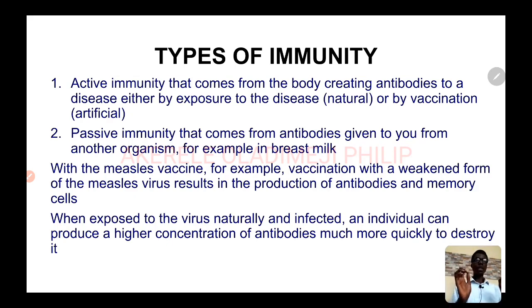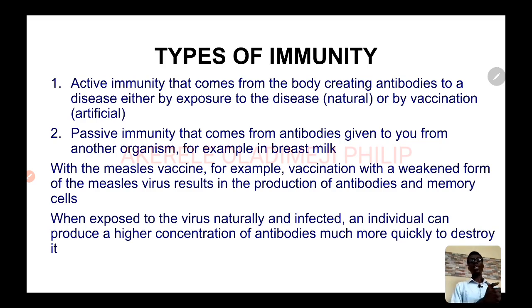That's natural because you contacted it itself, and of course once you're free from that measles for the first time, your body has formed antibodies against it, so you're not supposed to have measles again. Or by vaccination, which means you didn't contact the measles virus itself, but you were given the dead form of the measles virus. That's the artificial one, but either way it was active.